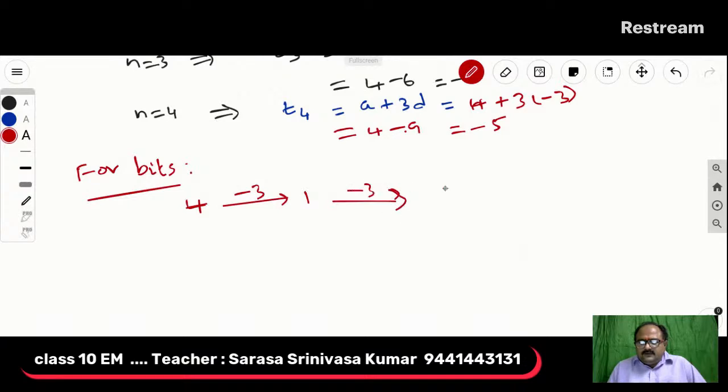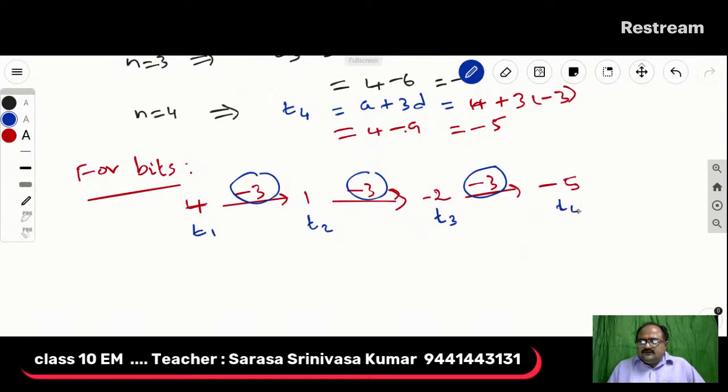Next, minus 3, it is minus 2, minus 3, it is minus 5. It is very simple. For bit paper, we should not write any steps. So this is T1, T2, T3, T4. I write the first term is denoted by a.